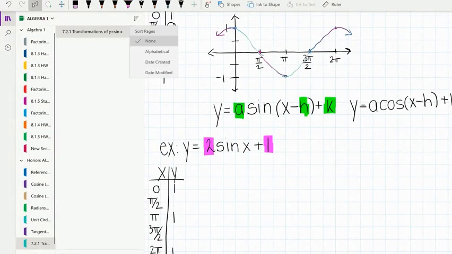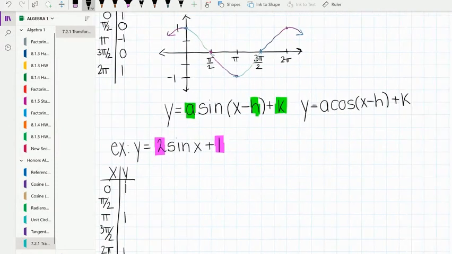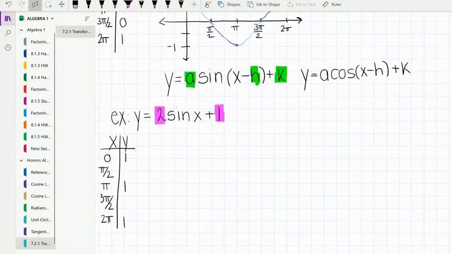Okay, going back, we have pi over 2 and 3 pi over 2. We know at pi over 2 it was 1, so we multiply by 2 and we get 2, plus 1 we get 3. At 3 pi over 2 it's negative 1, multiply by 2 we get negative 2, plus 1 we get negative 1.